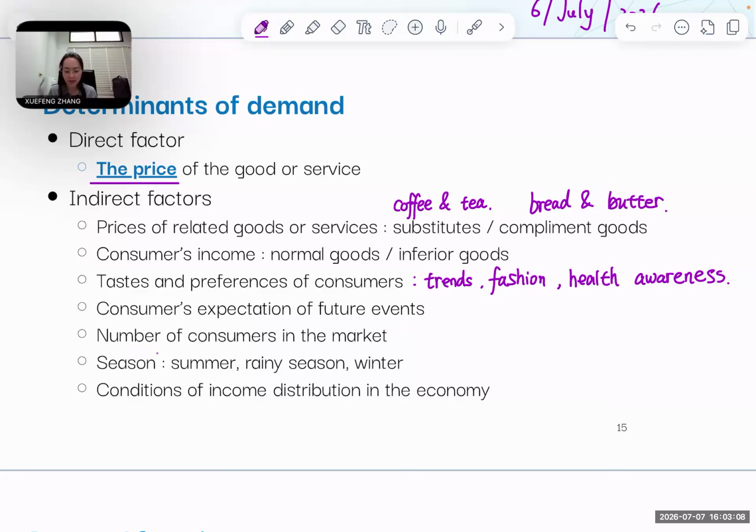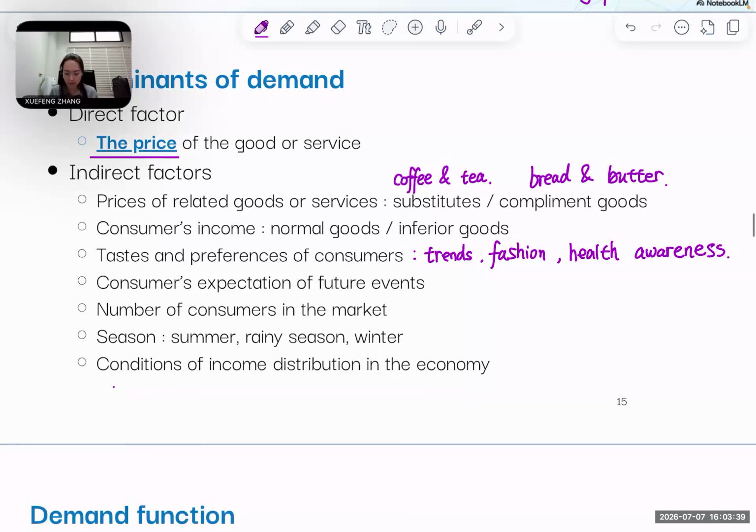Okay, and then number of consumers in the market. For example, more tourists in Chiang Mai during high season, more demand for everything: hotel, food, transportation, right? The next one, season: summer, rainy season, or winter. Suppose umbrellas in rainy season, right? And air conditioning in hot season. And then we have conditions of income distribution in the economy.